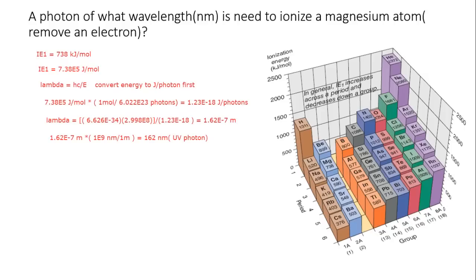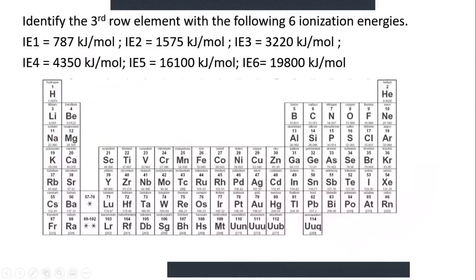You've got to use what you learned in the previous chapter. Another type of problem is it could give you a list of ionization energies and ask, what third row element would fit these ionization energies? What we're looking for is a big jump. So let's look at these ionization energies.